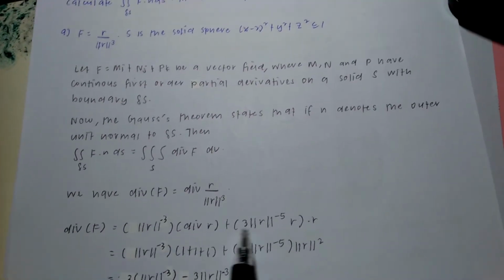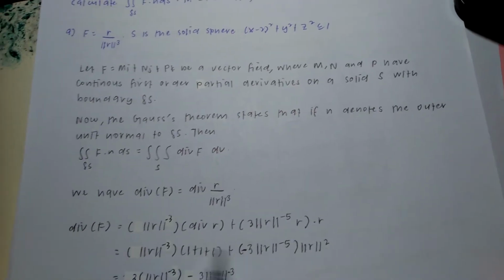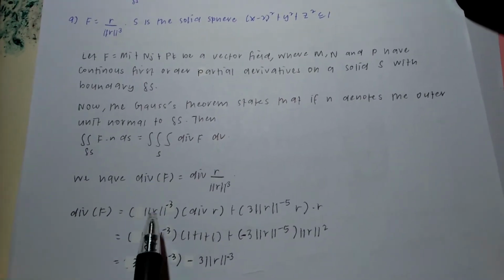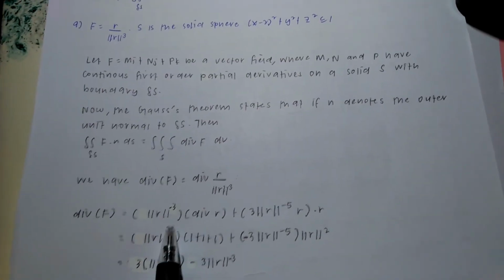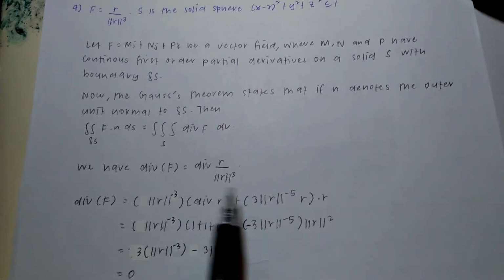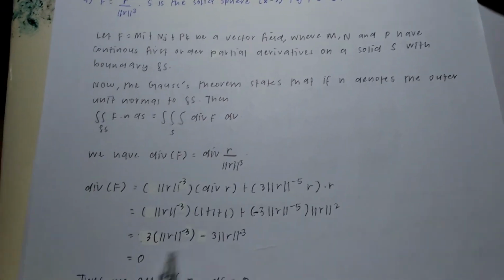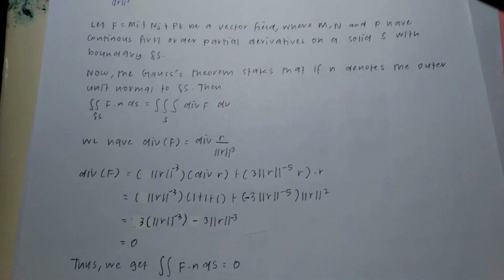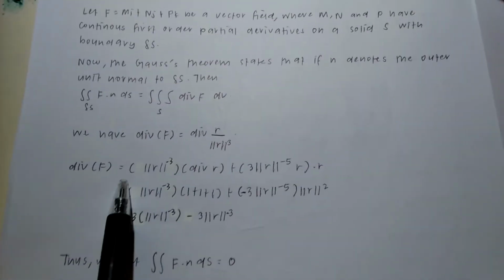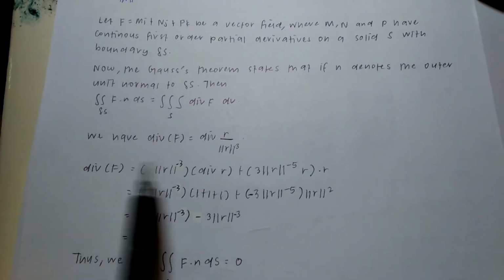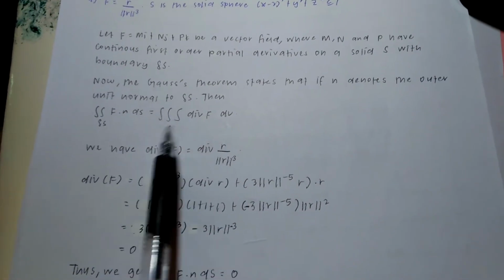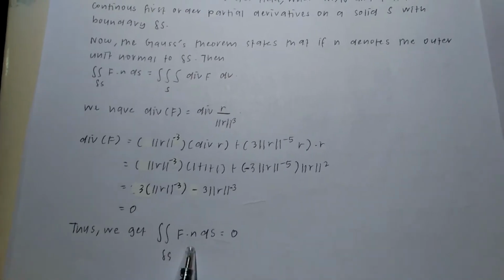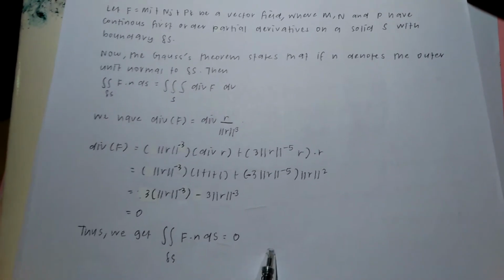Then we find the divergence by differentiation, and the final answer we get is div F equals 0. So since div F equals 0, the flux is equal to 0.